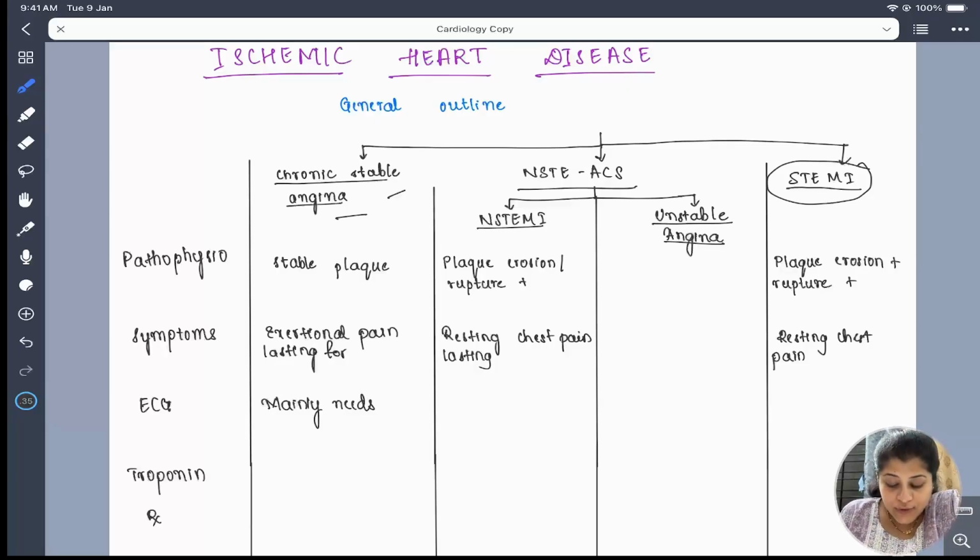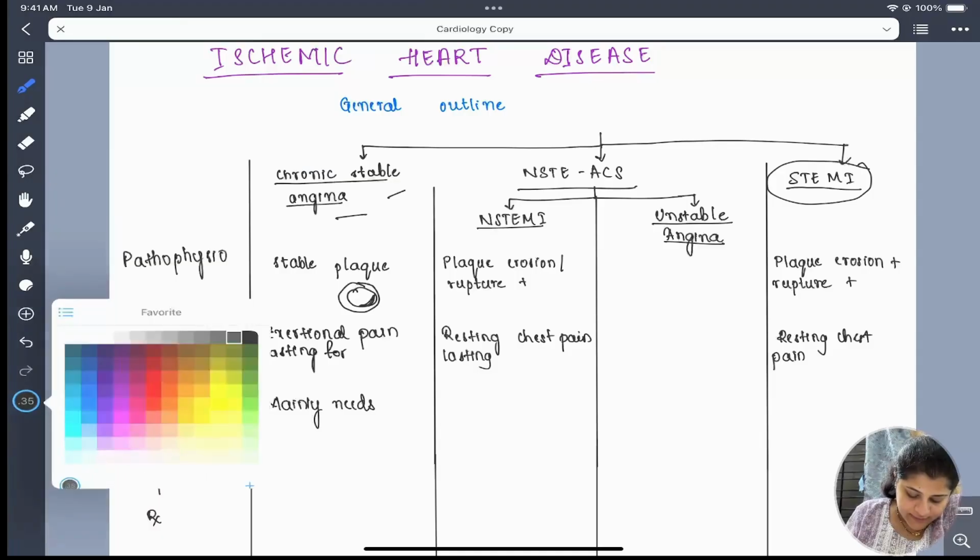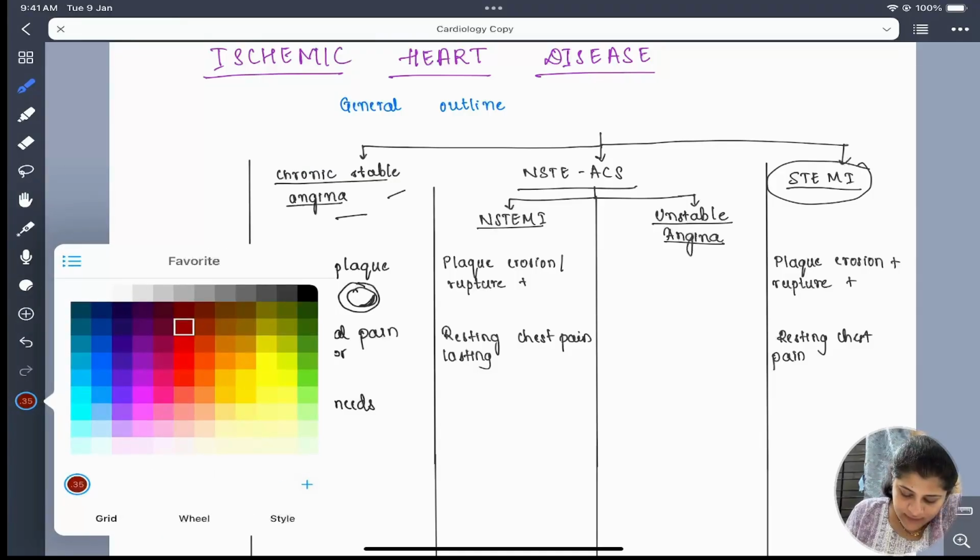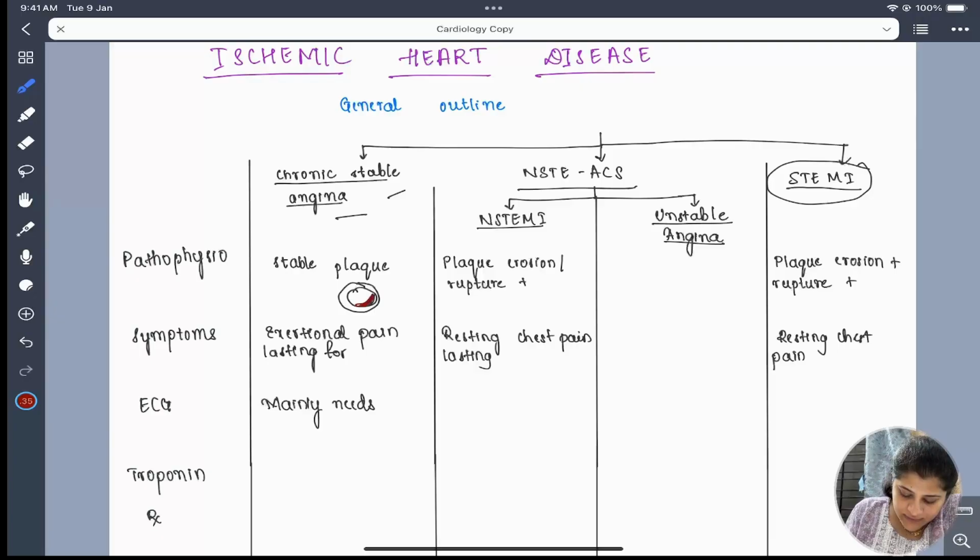Now, what happens in chronic stable angina? There is a stable plaque, in the sense that there is a blockade. So, if this is the blood vessel and this is the lumen, there is a plaque. There is a stable plaque, meaning the size of the plaque remains the same.